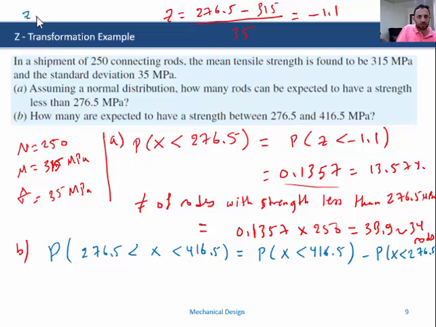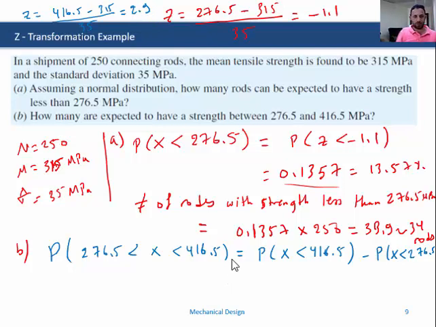So Z is equal to 416.5 minus 315 over 35, which is equal to 2.9.